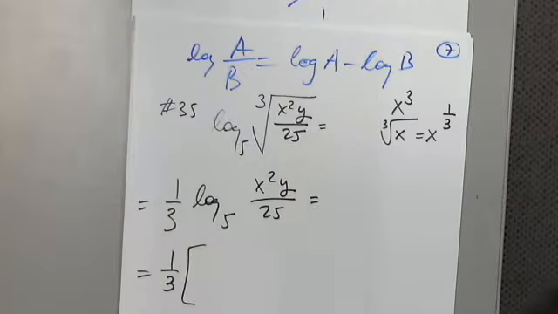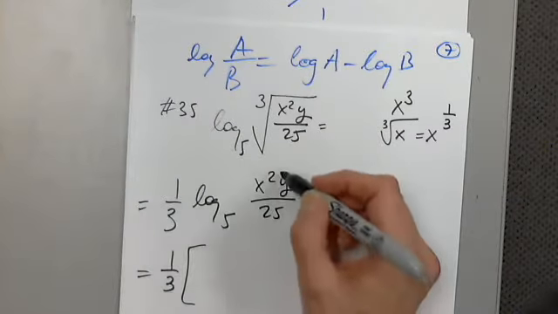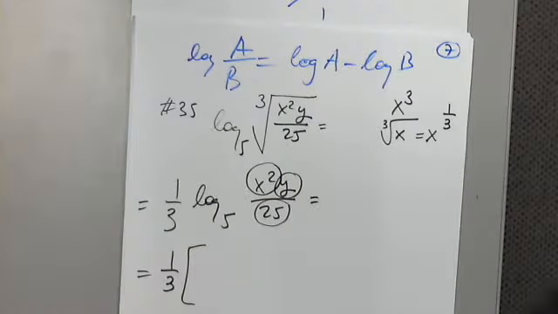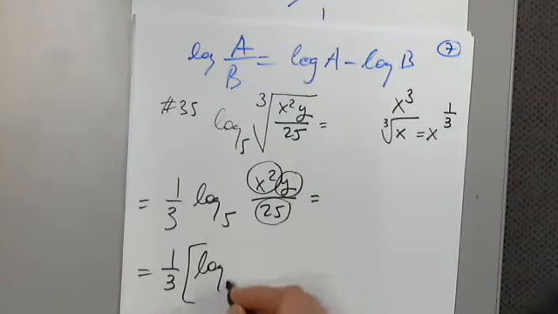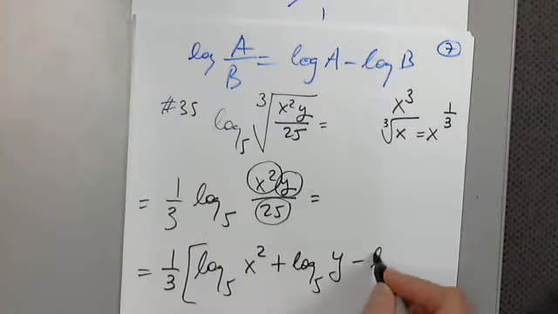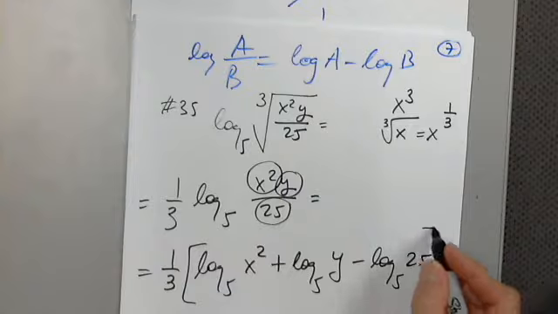So now I know what to expect. How many factors do I see? 1, 2, 3. How many of those will have negative in front? 1. Exactly. So then I have log base 5 of x squared plus log base 5 of y minus log base 5 of 25.